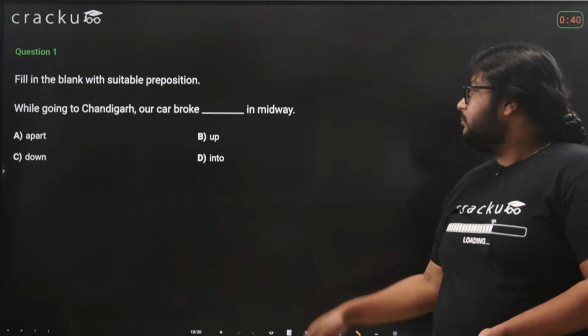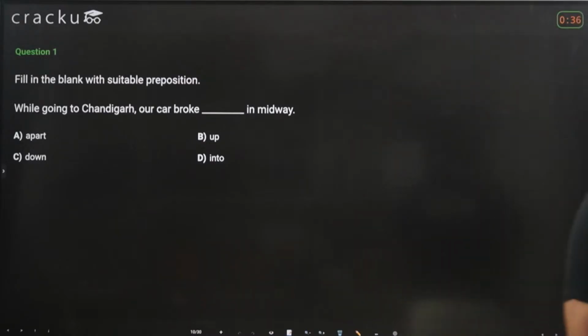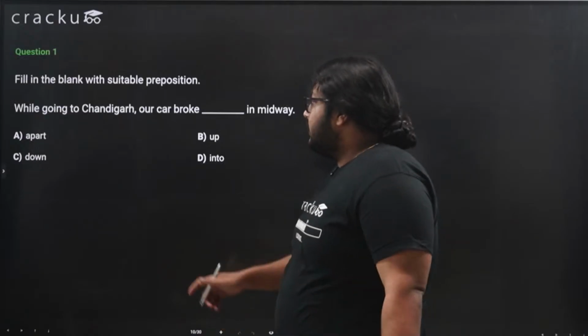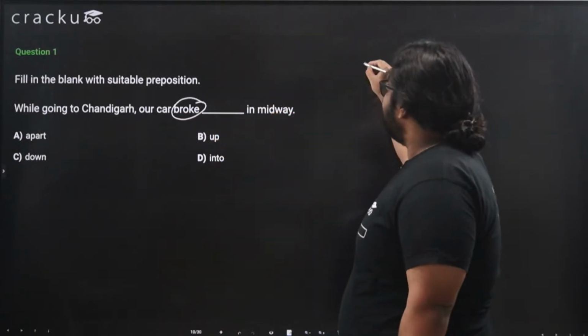While going to Chandigarh, our car broke in midway. Okay, so in this sentence, clearly the verb is broke, which is break, right?